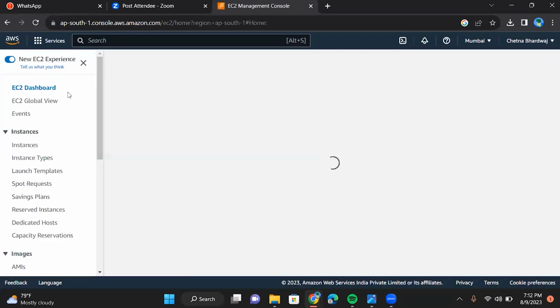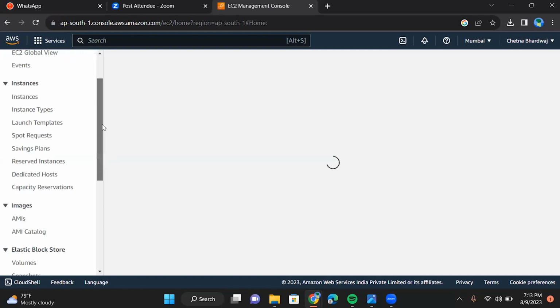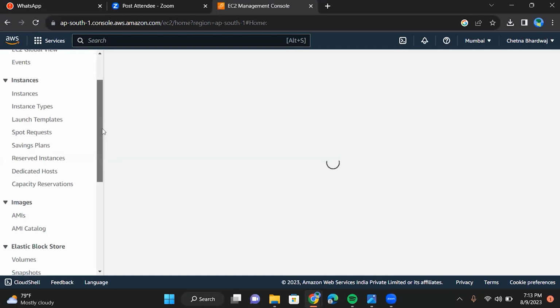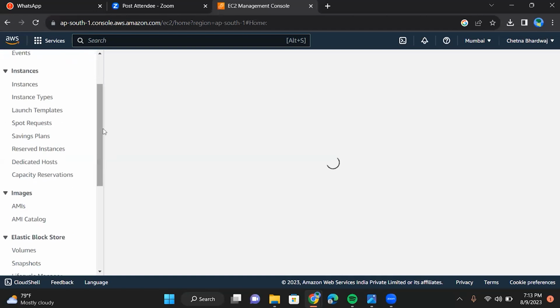Now we are inside the EC2 service, and it is showing us a lot of options. From the left hand side, you can see there are a lot of options present: instance, instance type, launch instance template, spot request, savings plans, reserved instance, dedicated host.